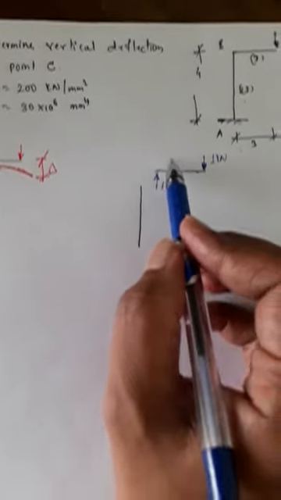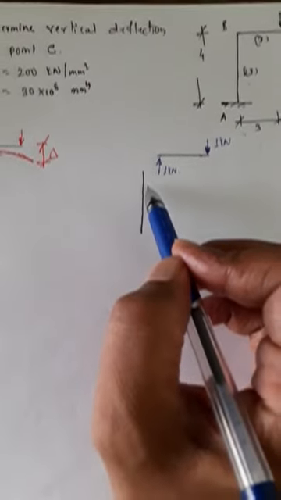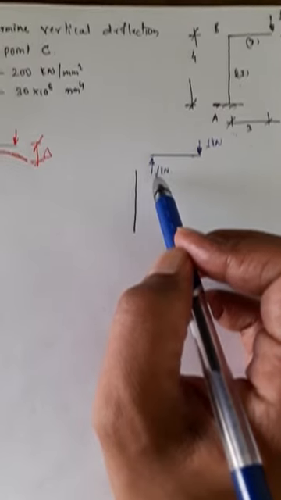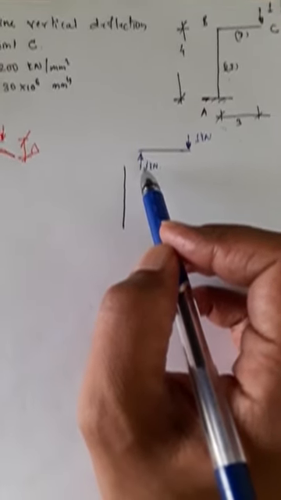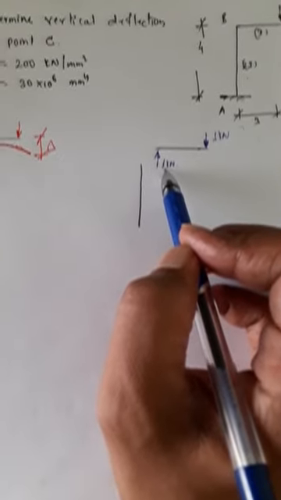Now, come to this joint portion. Also, this joint should be in equilibrium. For this joint also, I should be able to satisfy the equation summation V is equal to 0. So, here 1 kilonewton upward is acting.